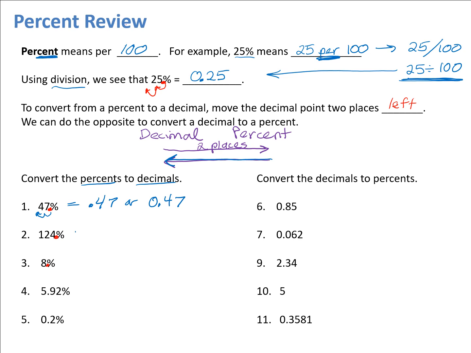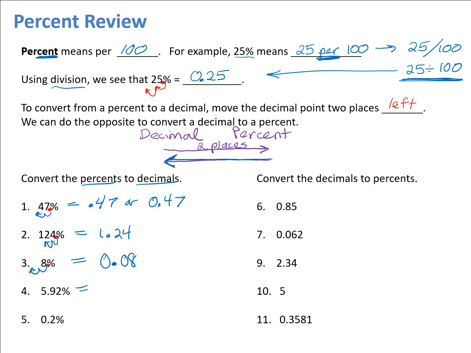Okay, but we've moved the decimal point 2 places left. I'm going to go quickly through the next few. Moving the decimal point left twice here, I would get 1.24. So 124% is 1.24. With 8%, I move the decimal point left 2 places, and because I'm moving beyond the 8, I need a 0 as a placeholder. So 0.08. We could put the 0 in front of that decimal point. But our decimal, because it has to move 2 places and 8 is only 1 digit, we have to put a 0 placeholder in there.